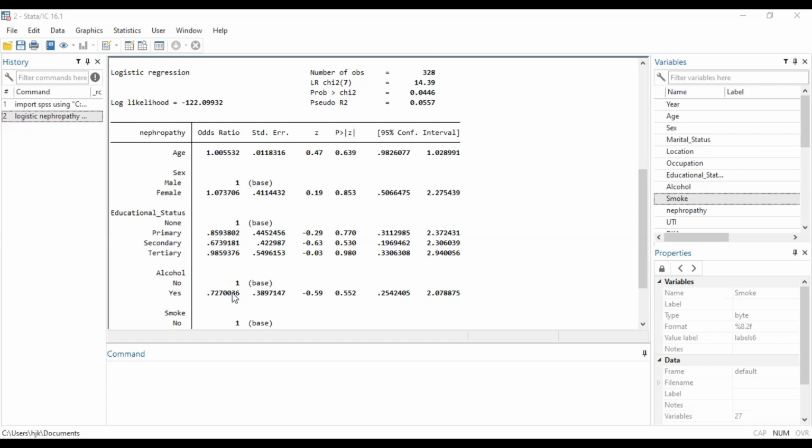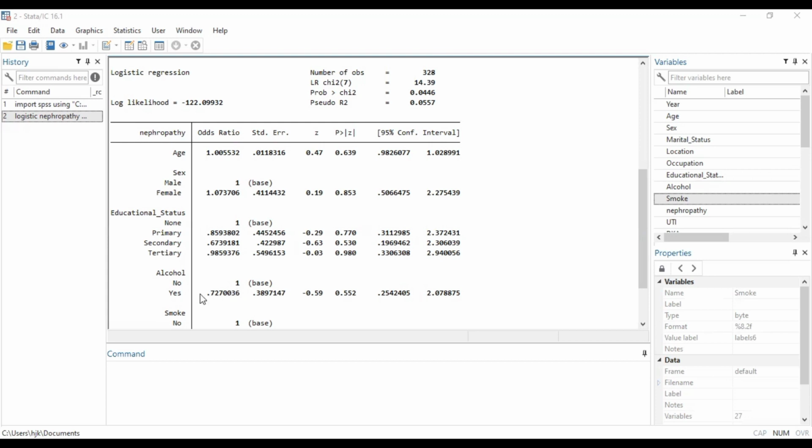Now, when it gets to the alcohol intake, here we can see that those who take alcohol have about, when we subtract this from 1, we get 27 point something, 0.3 thereabouts. So what it means is that there is a 27.3% reduced odds of getting nephropathy when one takes alcohol compared to those who do not take alcohol.